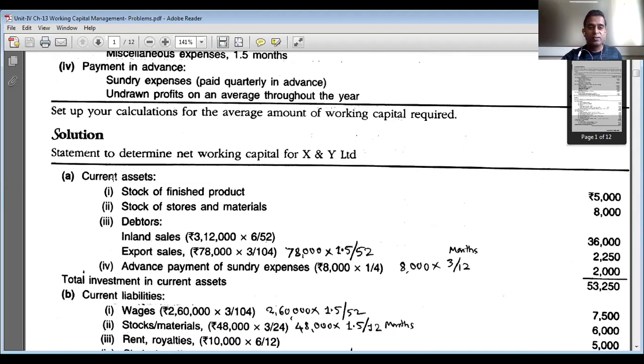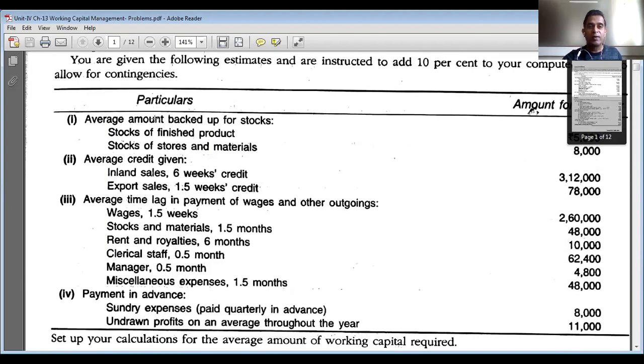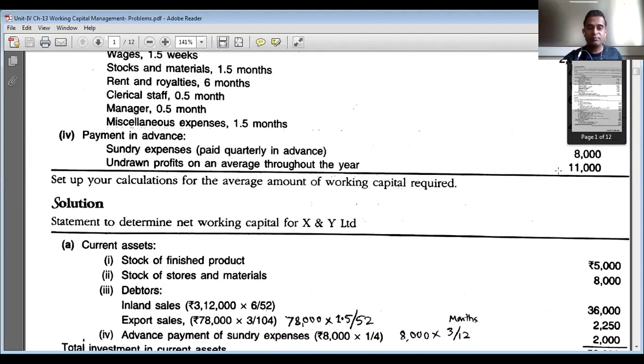I'll begin with the first, estimation of current assets. If you look at the data, the average amount backed up for stocks of finished product is 5,000 rupees.